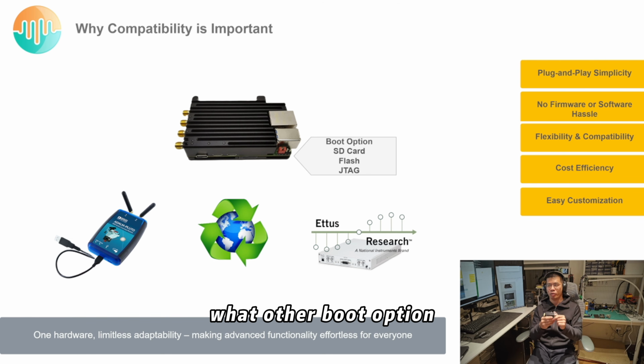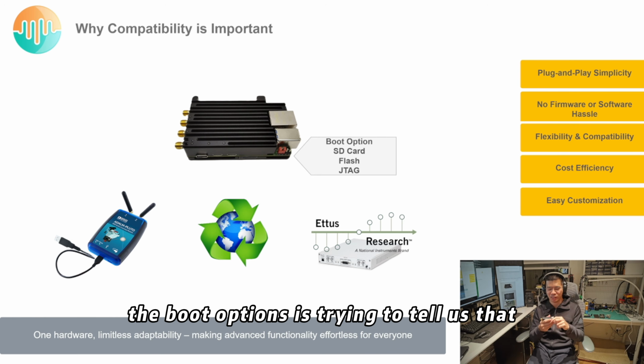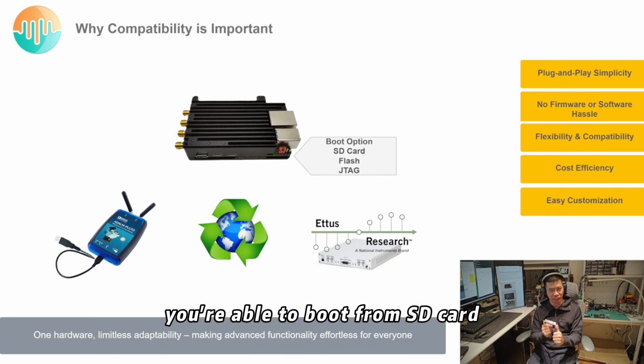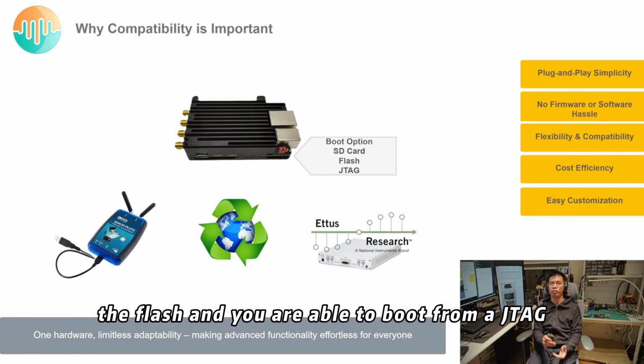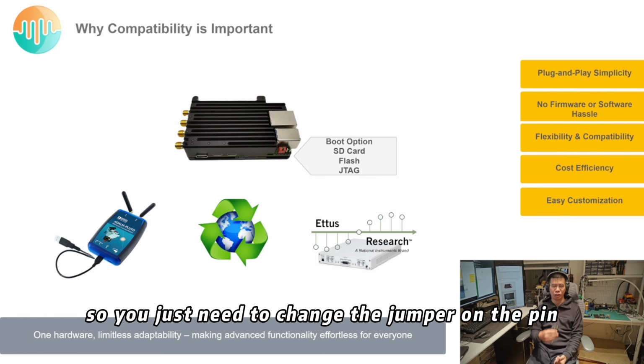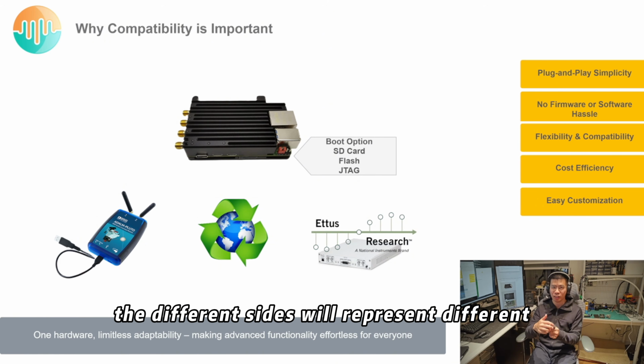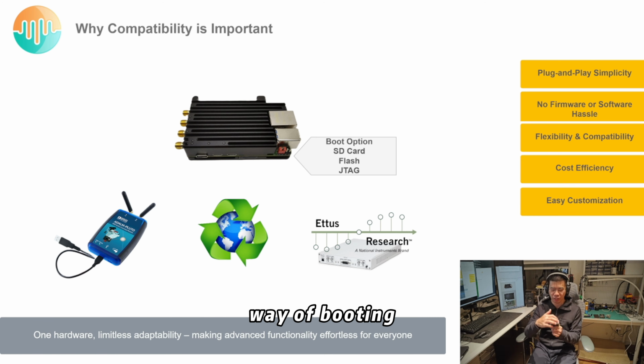So what does the boot option simply mean? The boot option is telling us that you're able to boot from SD card, you are able to boot from the flash, and you are able to boot from JTAG. So you just need to change the jumper on the pin. The different sides will represent different ways of booting SignalSDR Pro.